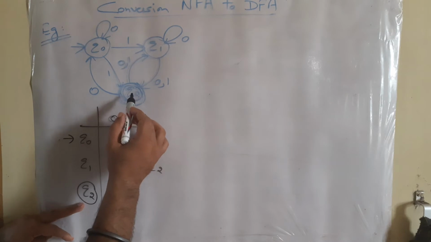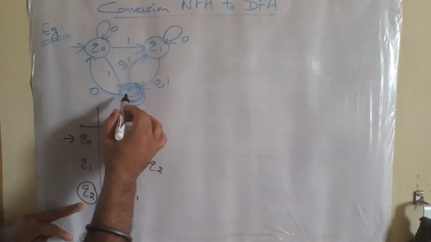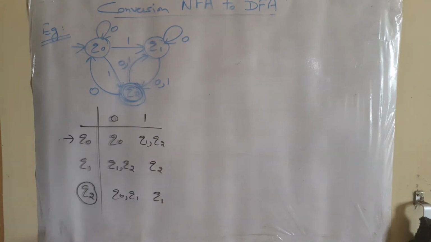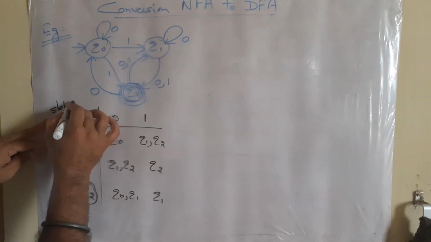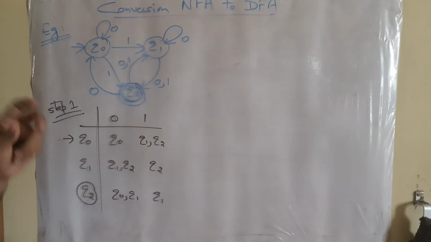Q2 with respect to 1 moves towards Q1, so you can write here Q1. So this is the transition table, which is the first step. You can write here step number 1, that is we have to draw the transition table for the given question.